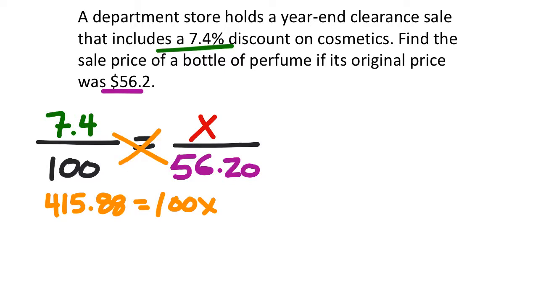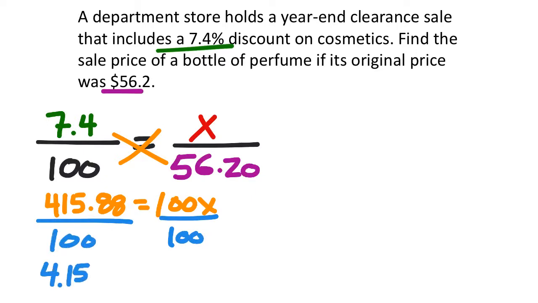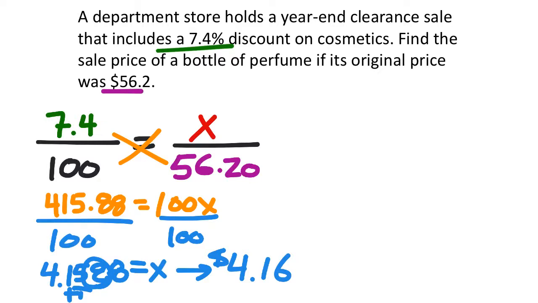Then of course we'll divide both sides by 100. We're going to make that 4.1588. Now again, we're dealing with dollars here, so I'm just going to round this to the nearest hundredth, or penny, and this 8 is going to add 1 to the 5, so it ends up being $4.16. Now I need to add that to the original amount.